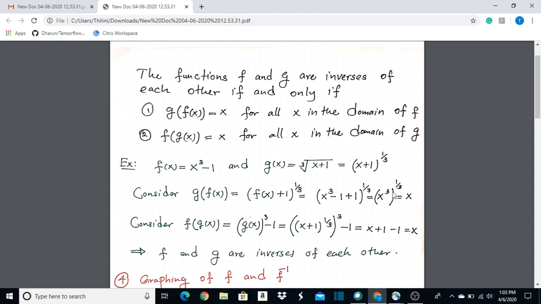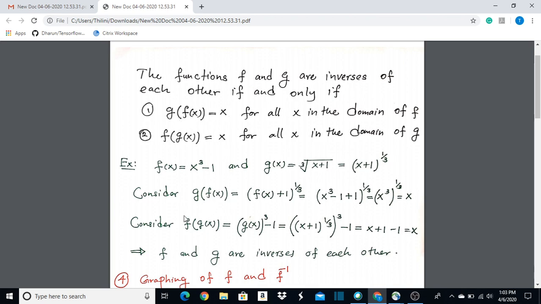This becomes a multiplication, 3 times 1/3, and 3 divided by 3 is 1, so we get x to the power 1, which is x. So g of f of x is always x for all x in the domain of f. One condition is satisfied.